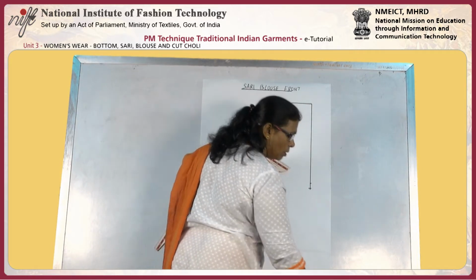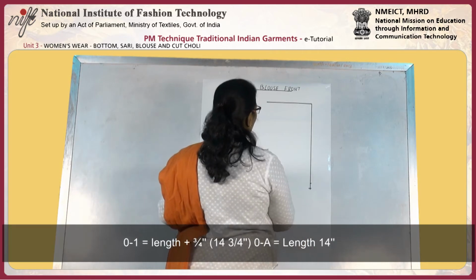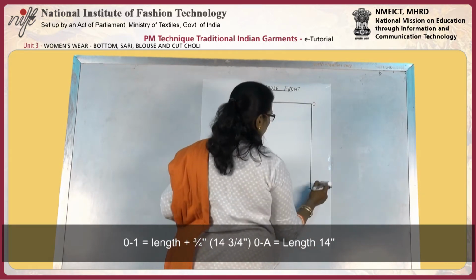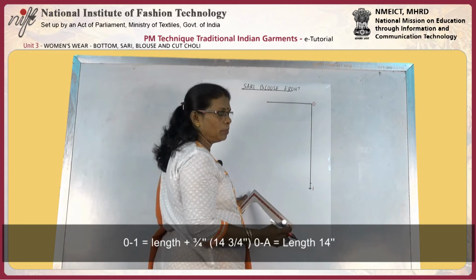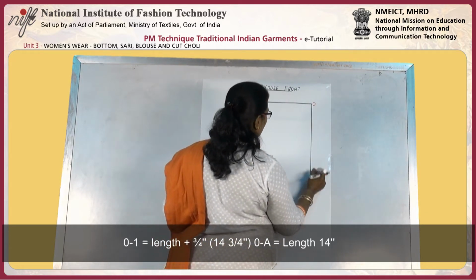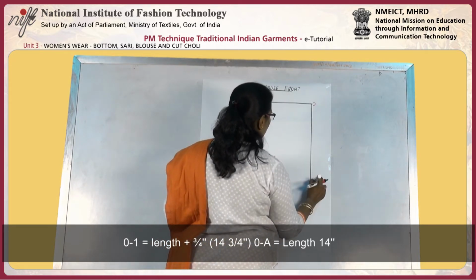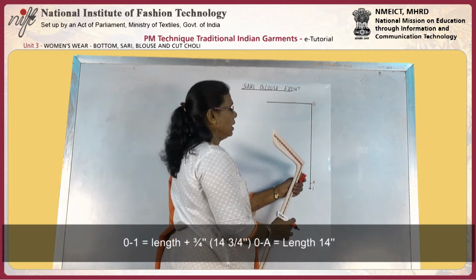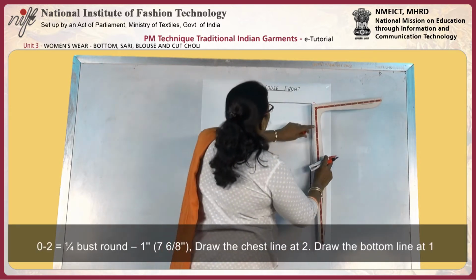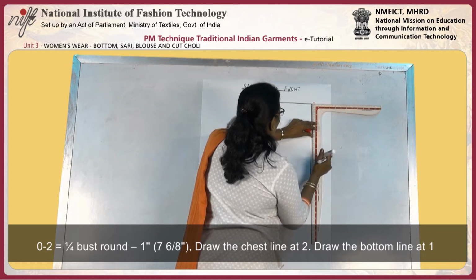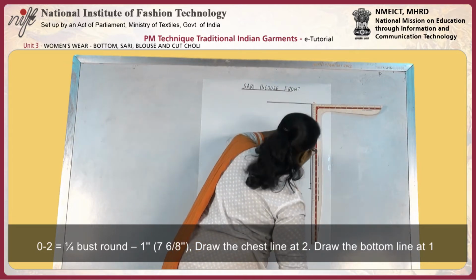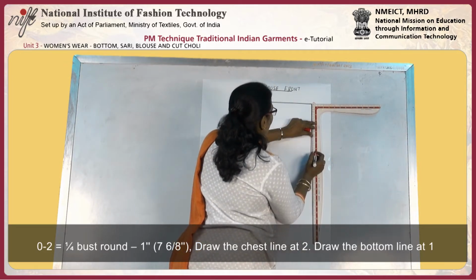So mark 0, 1 is length plus 3/4 of an inch. Then 0A is equal to length and 0, 2 is equal to 1/4 of the bust minus 1 inch.